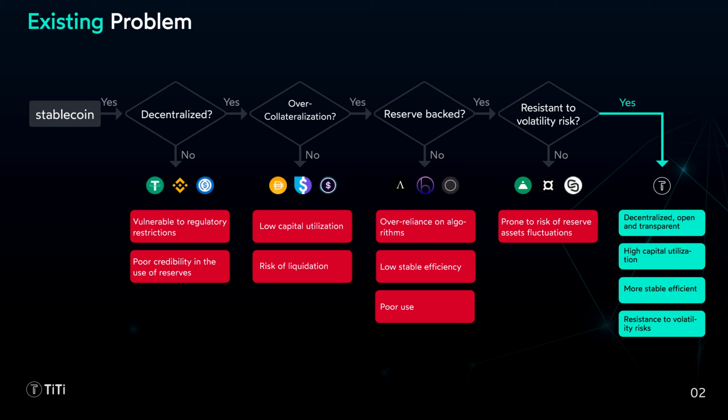We believe that the core problem is that there are no real reserves at all. It's really difficult to maintain a stable consensus merely based on the trust of users in the algorithm. Moreover, such projects often have very complex mechanisms, high user cognitive costs, and poor use in the whole DeFi ecosystem.